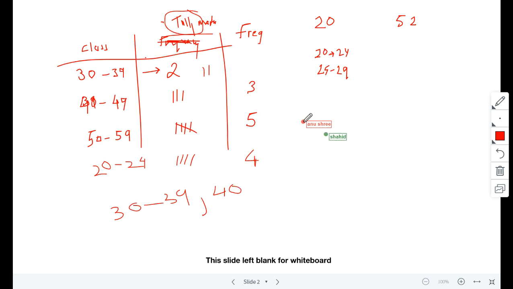Okay, and then question 3, it says construct a frequency table of the information using class intervals 0 to 4, 5 to 9, etc. So when it says 0 to 4, 5 to 9, does this mean that it goes up in fives?